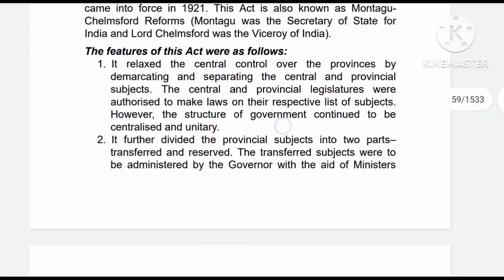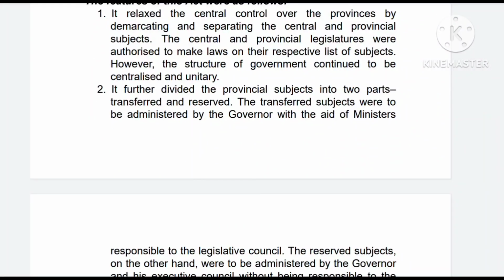Number 2. It further divided the provincial subjects into two parts, transferred and reserved. The transferred subjects were to be administered by the governor with the aid of ministers responsible to the Legislative Council.